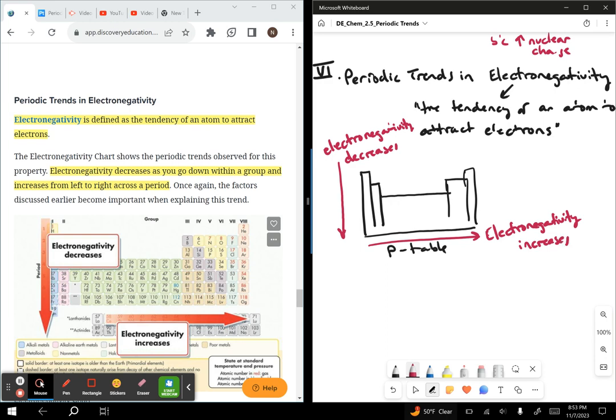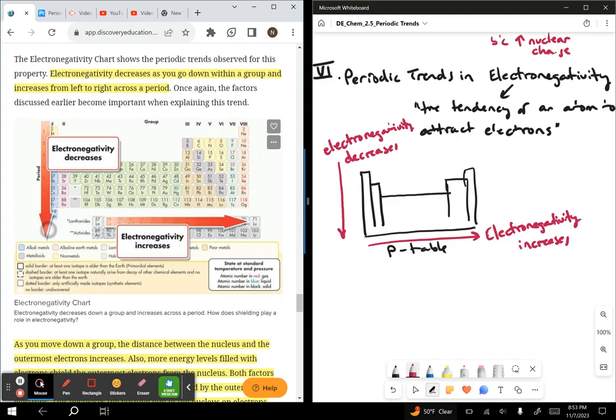Remember, this is the tendency of an atom to attract electrons. So you're right to think that this is going to have something to do with shielding and nuclear charge. I hope you're starting to see this trend developing.